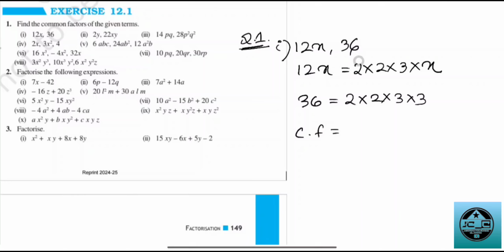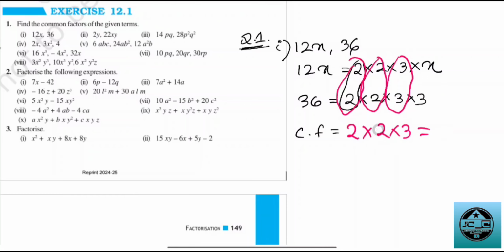The common factors are 2, again 2, again 3. So the common factors are 2 into 2 into 3, which is 12. So the common factor is 12.